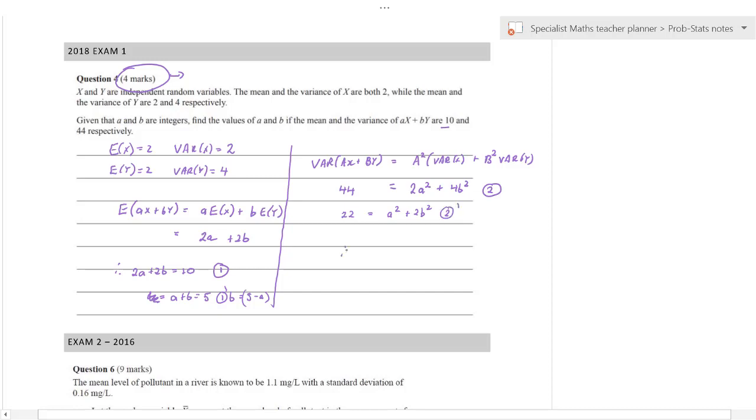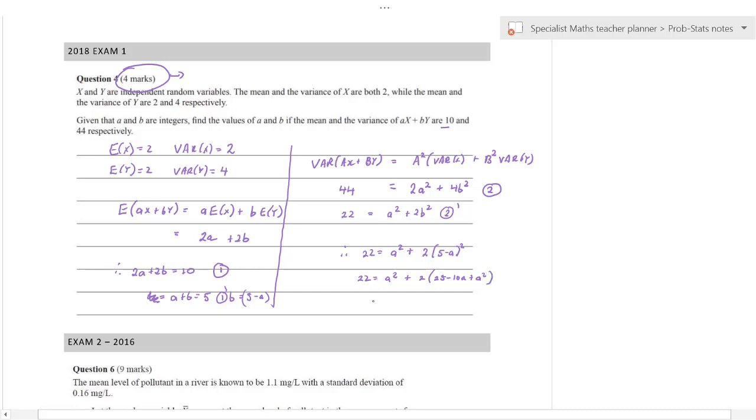So therefore, now I want to replace b with 5 minus a. So 22 is equal to a squared plus 2b squared, which is 2 times (5 minus a) squared. So 22 is equal to a squared plus 2 times (25 minus 10a plus a squared).